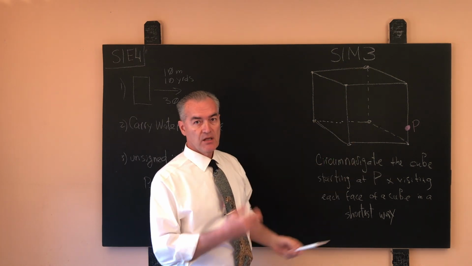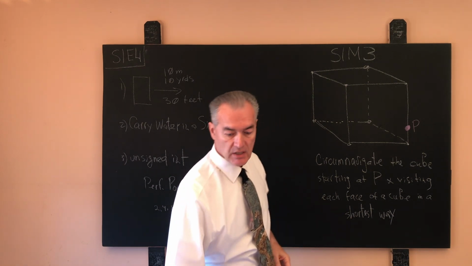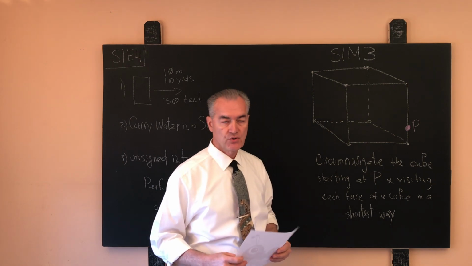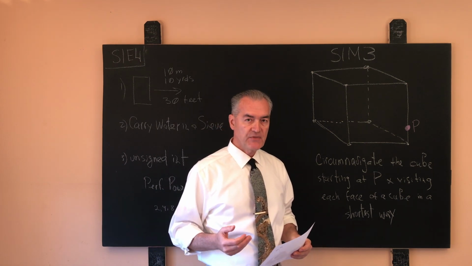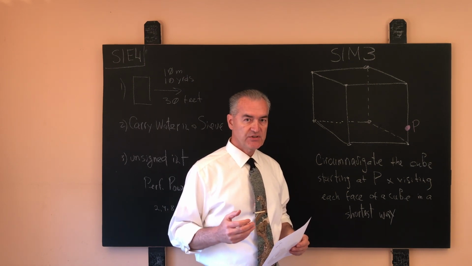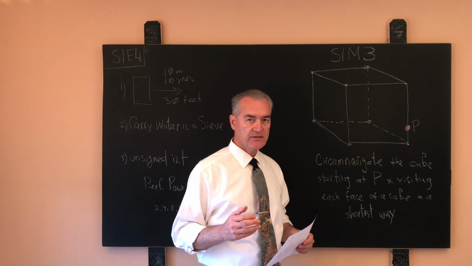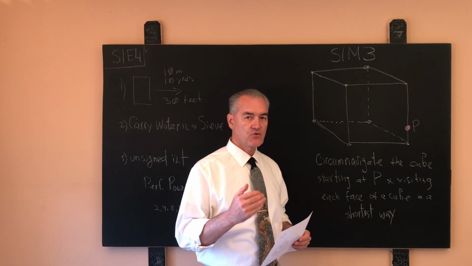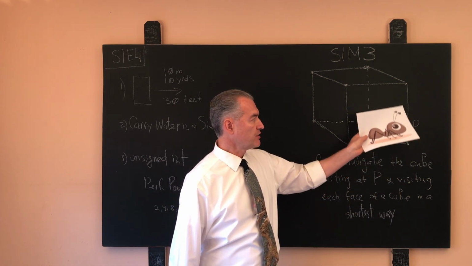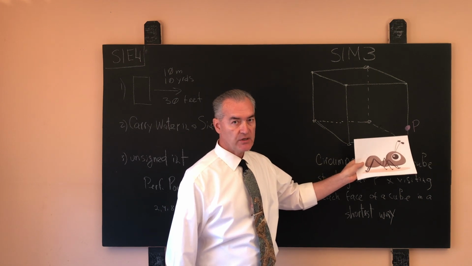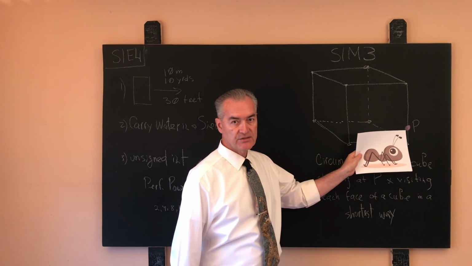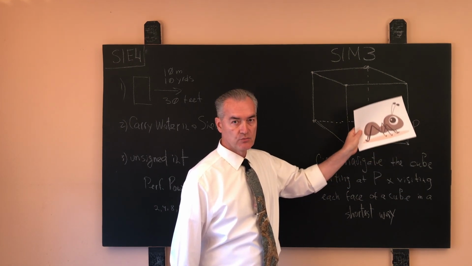S1M3. In this particular official problem, our inquisitive ant will also travel over the surface of a cube, but this time the ant will begin its circumnavigating journey specifically not at a vertex, but at a certain point that is displaced from any of the vertices of a cube and is located, as shown here, somewhere on the edge of a cube. Exactly where, it doesn't matter, as long as the initial point P is not a vertex of a cube.